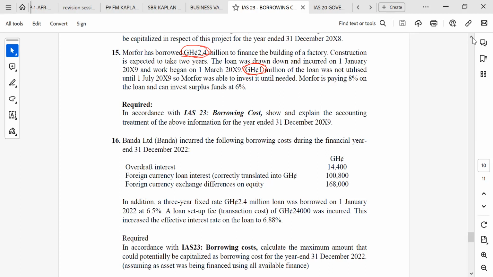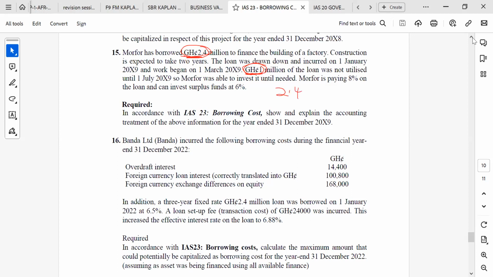So what we do is that you calculate the interest on this one. But at the time that you want to compute the interest, you now have to translate the interest. So they will give you a translation rate. But where you are going to see the exchange losses will be the capital. So maybe you have 2.4.